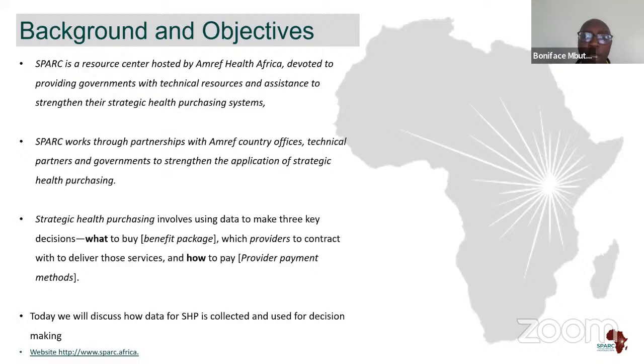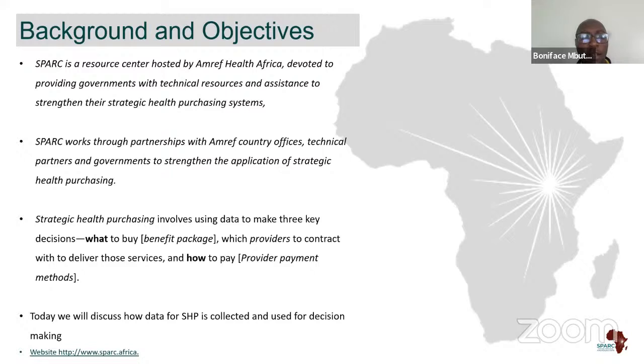Good morning, good afternoon, and it's great to join with us as we have this important discussion for today. It's good to mention that SPARC, Strategic Purchasing Africa Resource Center, is hosted by AMREF and is devoted to providing governments with technical resources and assistance that help to strengthen their application of strategic health purchasing within their health systems.